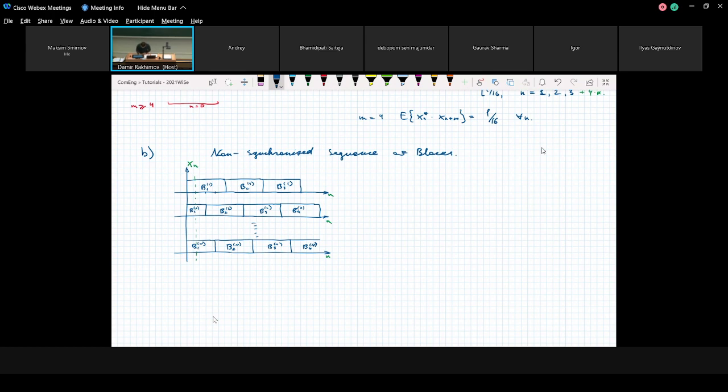And now we need to calculate this average, and then we get our correlation as a function of only the index of shift between sequences, only as a function of m.